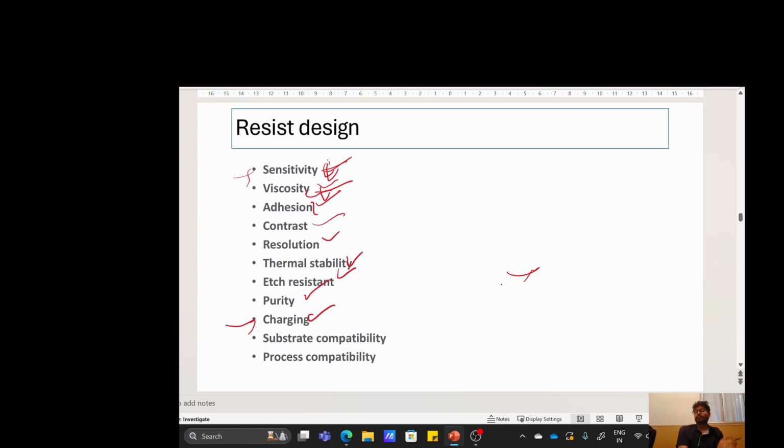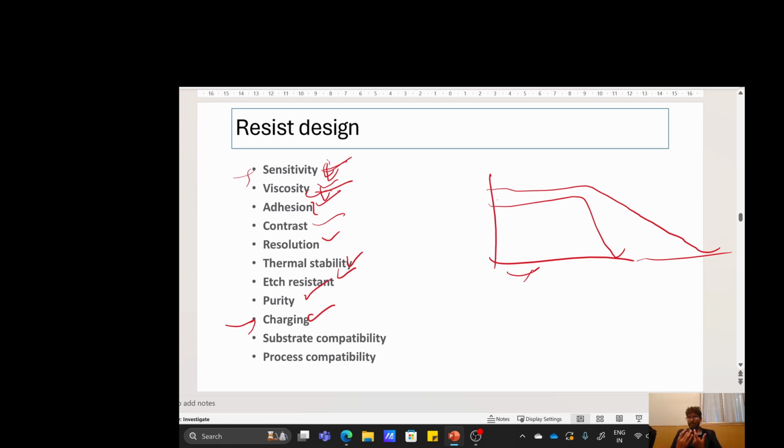And the resist contrast curve should be very sharp, like this. If the resist contrast curve is like this, it is not good, because you won't get the features properly. If there is more thickness somewhere and less thickness elsewhere, it will get removed properly in the sharp case, but in this one it is a bit hard, so you need to give beyond this dose.